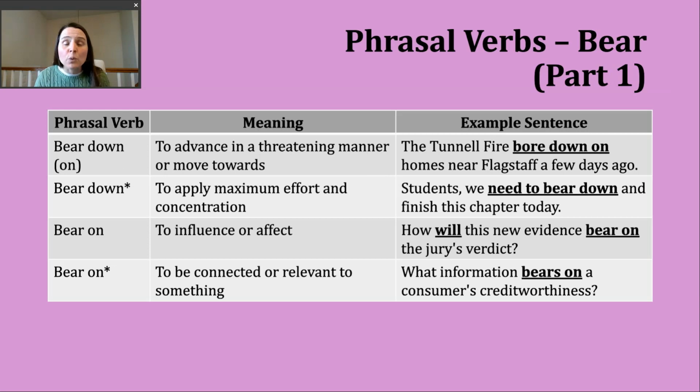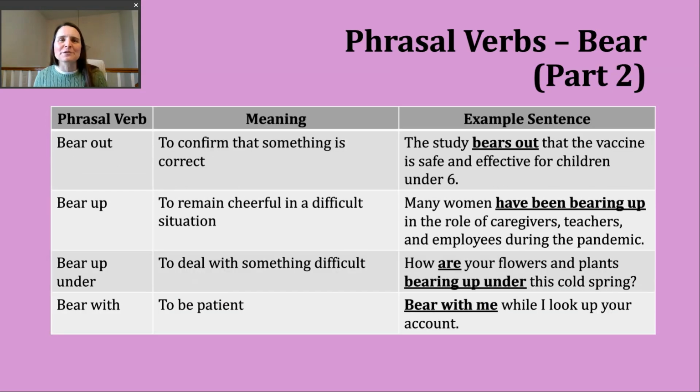So credit worthiness is sort of the ability to get loans or credit cards, to have credit. And there are many things that can impact someone's ability to get a loan or maybe have a higher limit on a credit card. Let's continue looking at some more phrasal verbs with bear.